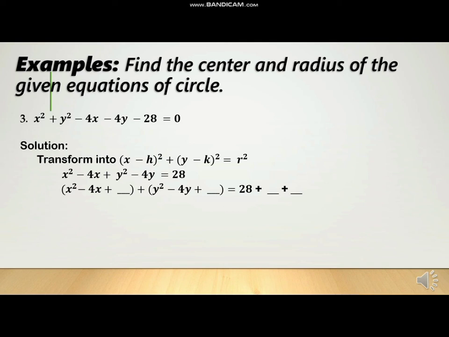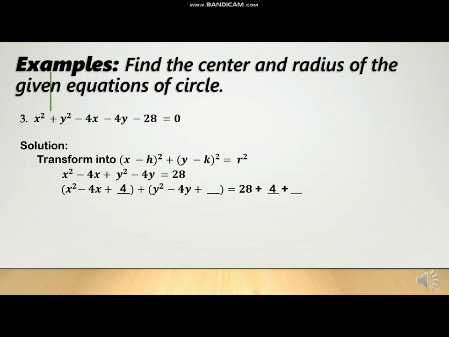So, dun sa x natin ay x squared minus 4x. So, ano nga ba ang i-add? So, ang gagawin nyo lang, yung middle term na 4, i-divide nyo sa 2, and then yung sagot na 2, i-square ninyo. So, divide by 2, then square. So 4 divided by 2 ay 2 and 2 squared equals 4.